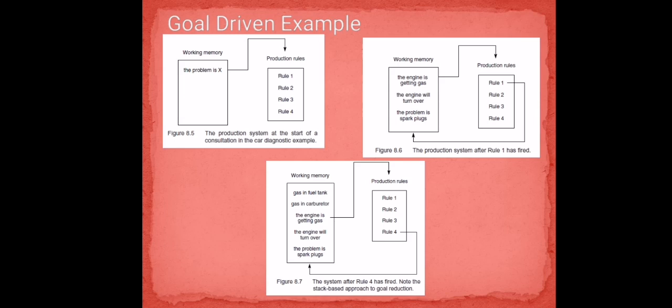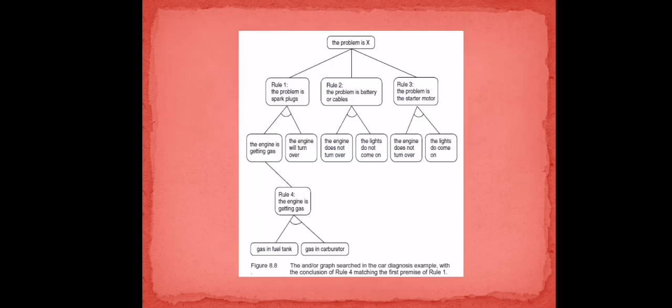If we are considering rule 1, then the working memory should contain these three conditions. When we are using rule 2, the other conditions should be satisfied. For satisfying rule 1, rule 4 should be satisfied. Here we are moving from goal to the data.